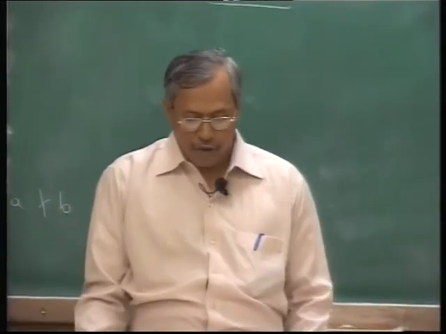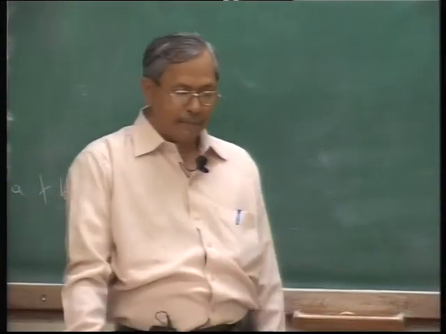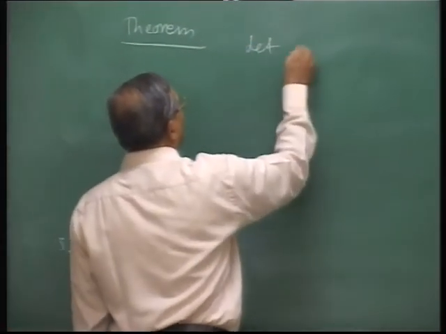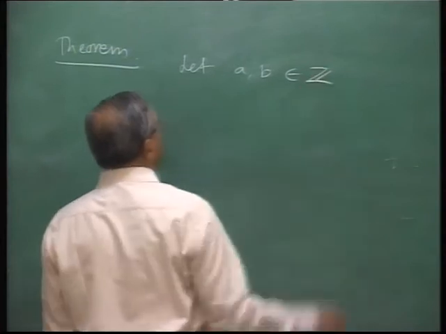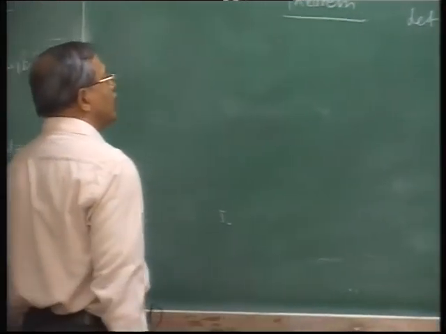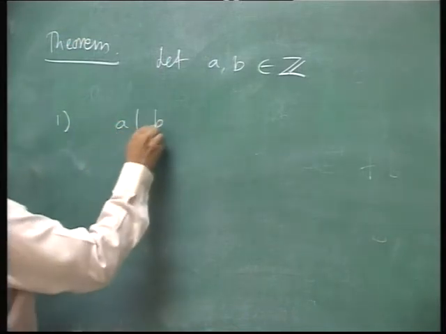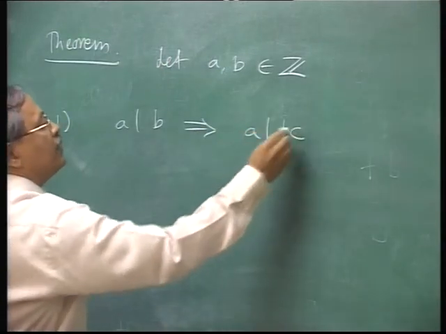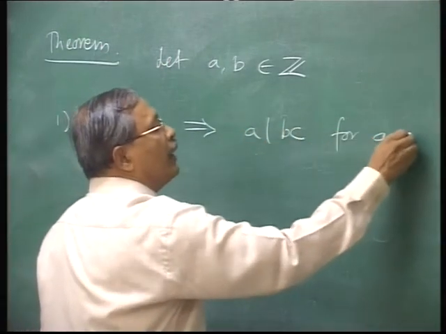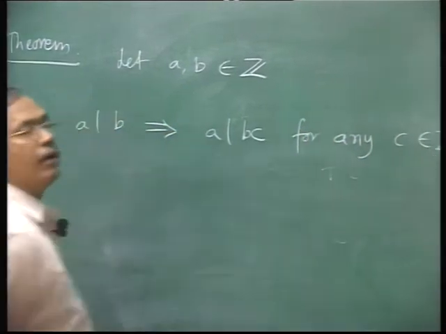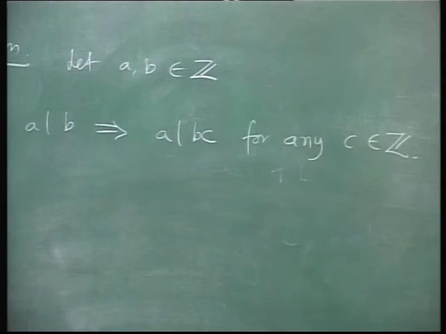Here we are taking a, b in Z. The first property: suppose a divides b, then a divides bc for any c in Z. Here when I say a divides b, I already have in mind that a is non-zero.